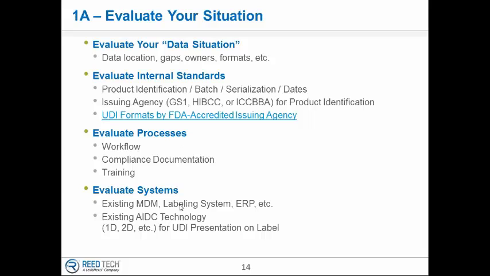So an evaluation has to occur there for what the FDA is going to be expecting, the source of truth, the source value of each element, the true value. And then any other technology you may have with barcoding, how may that be impacted?